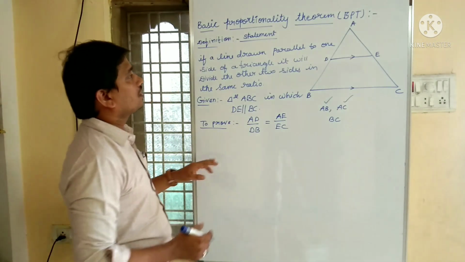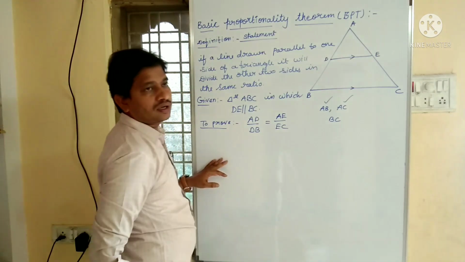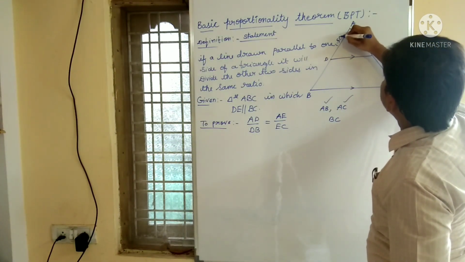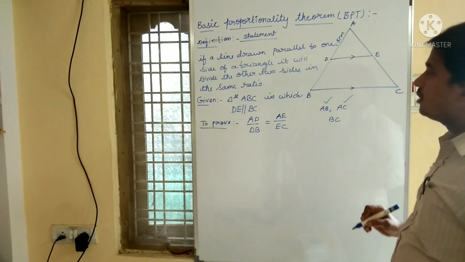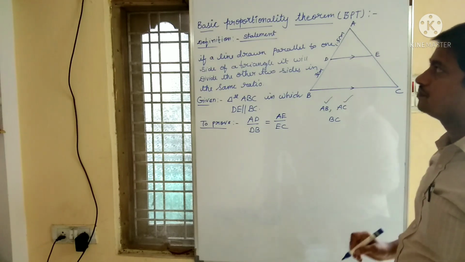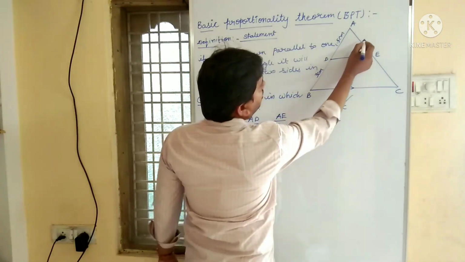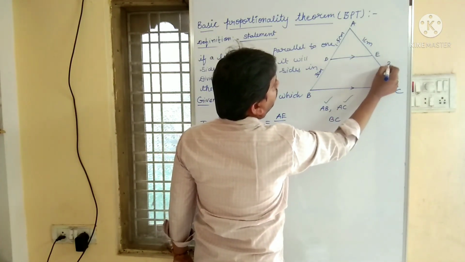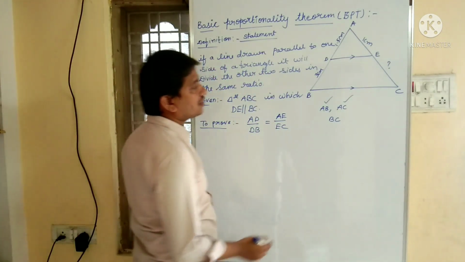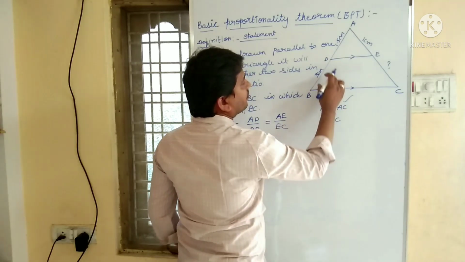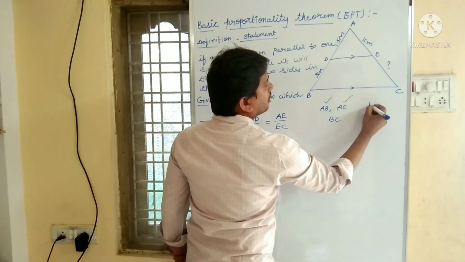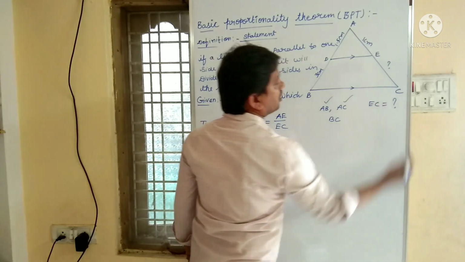For example, let us consider the length of AD equal to 1.5 centimeter, BD equal to 3 centimeter and AE equal to 1 centimeter. Find EC. They may ask questions like this.